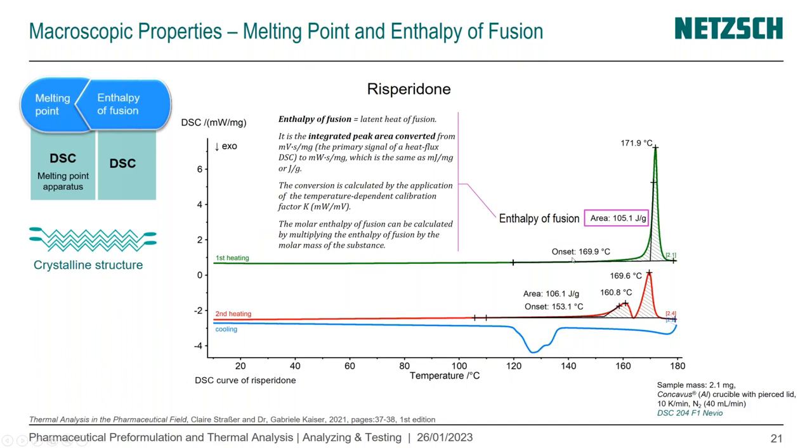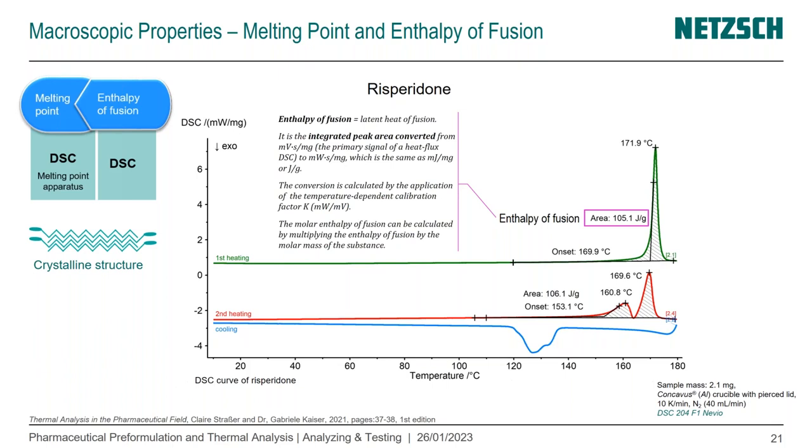Another important piece of information here is the enthalpy of fusion, which is given by the area. This is the integrated peak area converted from millivolts seconds per milligram, which is the primary signal of the heat flux DSC. So this is the conversion from millivolts seconds per milligram to milliwatt seconds per milligram.